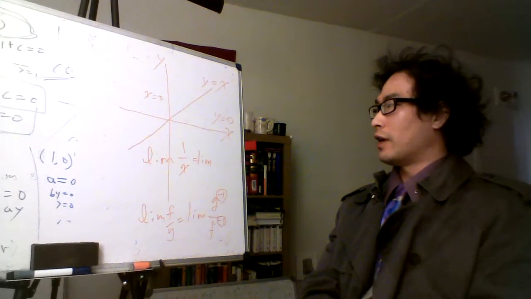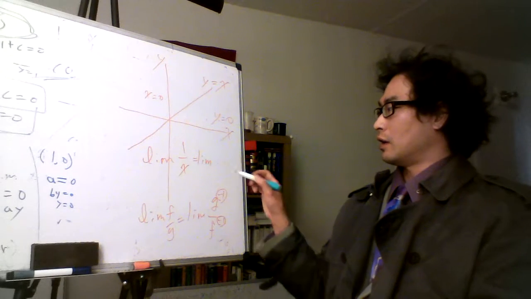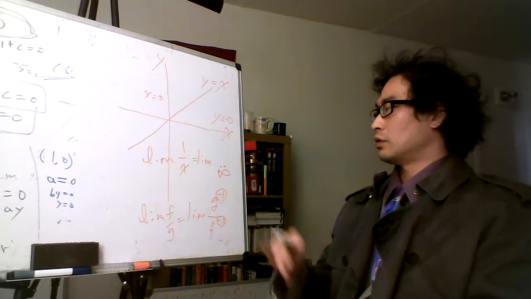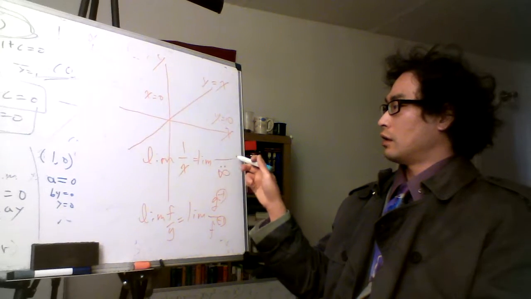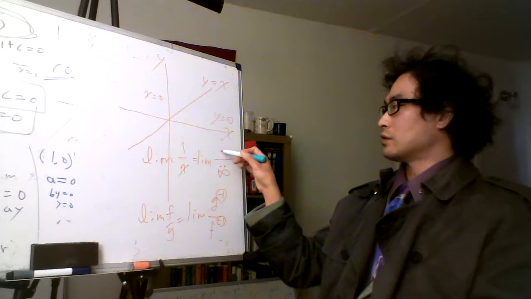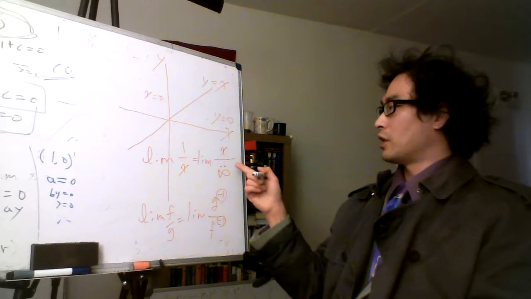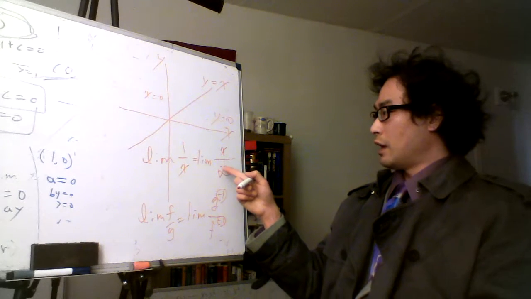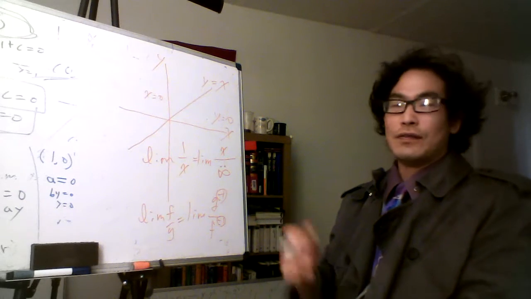Then how do we define it in terms of y? It turns out to be the absolute infinity, okay? And what is the inverse of x? It's just x, right? And this becomes 0. Why? Because absolute infinity is bigger than any infinity.